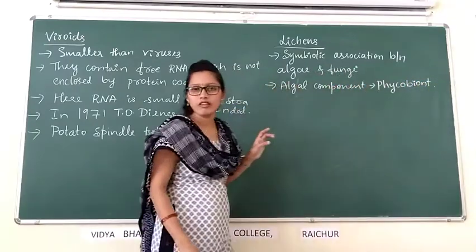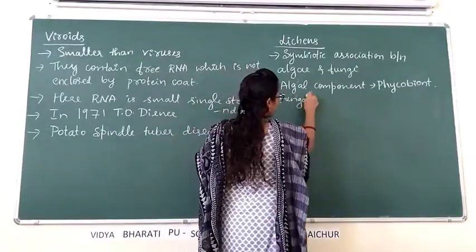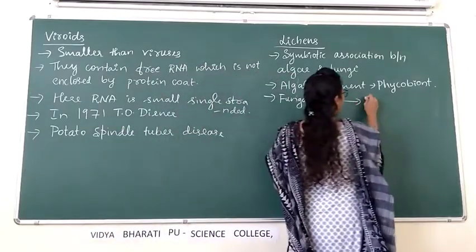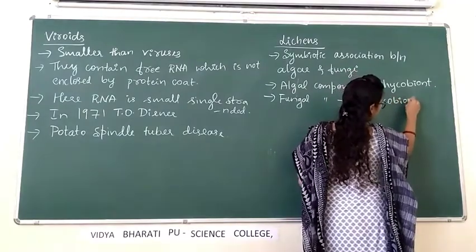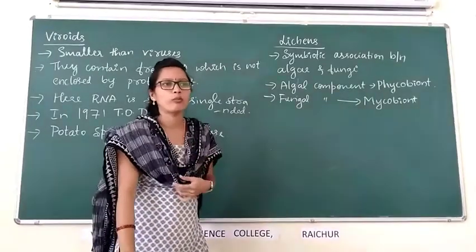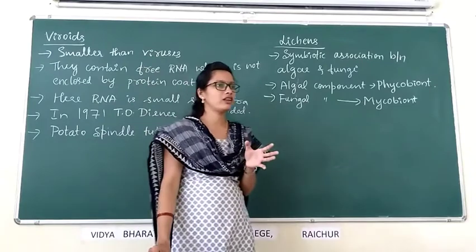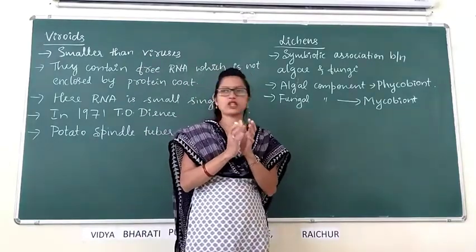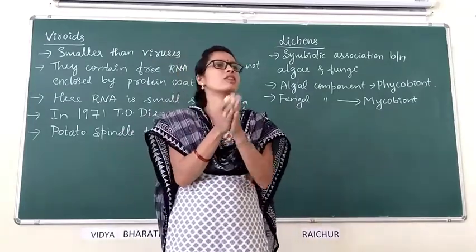The fungal component present in a lichen is called mycobiont. Myco means fungi, and phyco means algae. In lichen, we can observe a symbiotic beneficial association between algae and fungi, which together form the lichen.